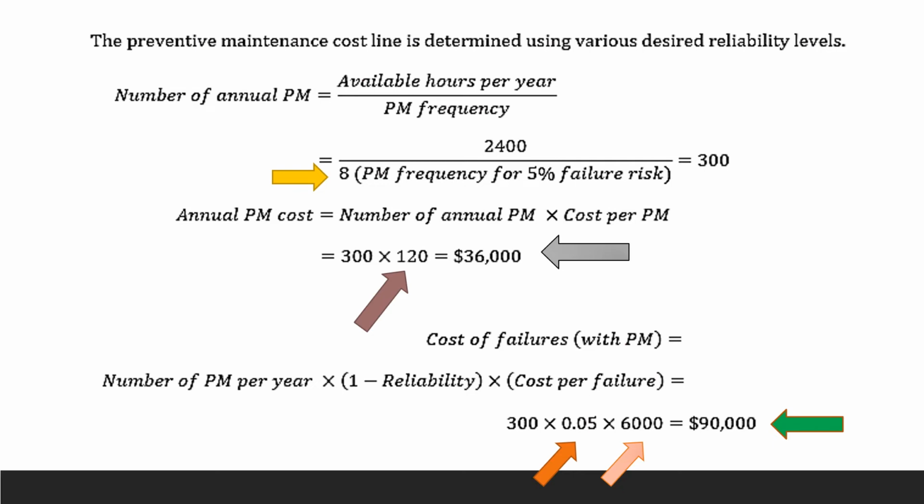You will be spending $90,000. That is running the PM, and having one single failure will cost you $90,000.